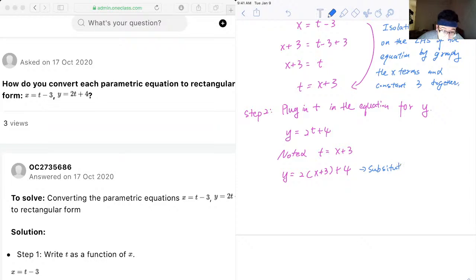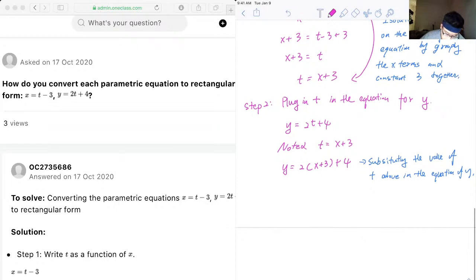Okay, and this step is just substituting the value of t in the equation of y. Okay, so we will have 2x plus 6 plus 4, which will be equal to 2x plus 10.